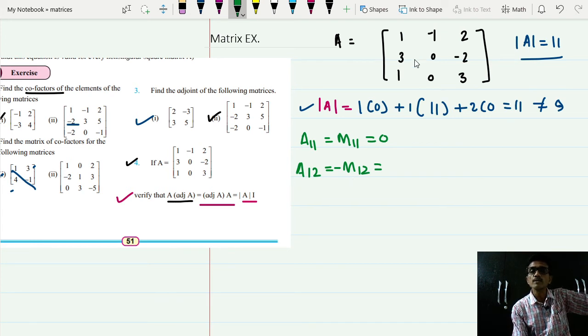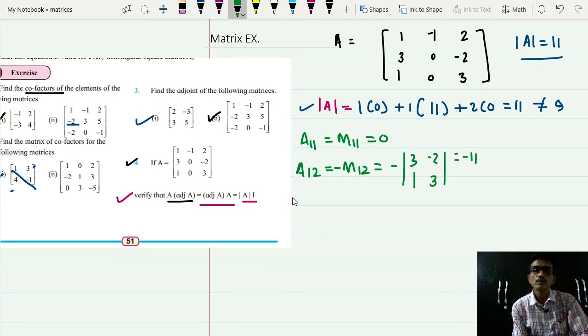That means the first row and second column you have to delete. So these are the elements. Let us write here the expansion of determinant M12: 3 1, minus 2 3, which is minus 2 and minus 9, minus 11.